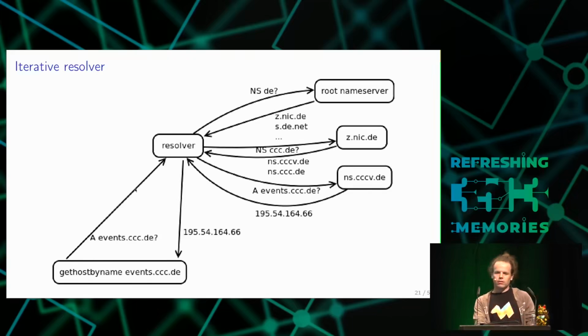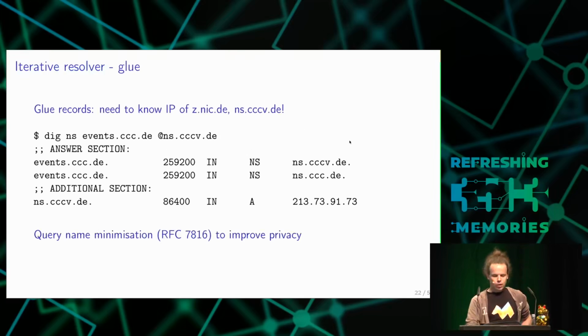You have noticed there are multiple packets sent from the resolver to various other hosts. And here the hosts only have names but no IP addresses. So how does the resolver actually know who z.nic.de is? That is a problem also called glue. A DNS answer, as we have seen earlier, needs to include an IP address if the name server is inside the domain of the responsible server.